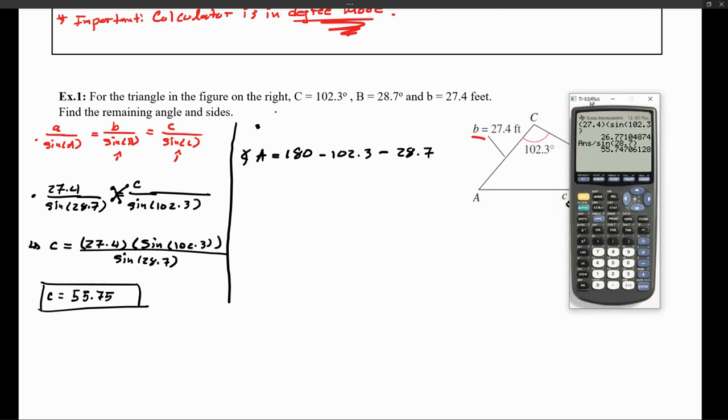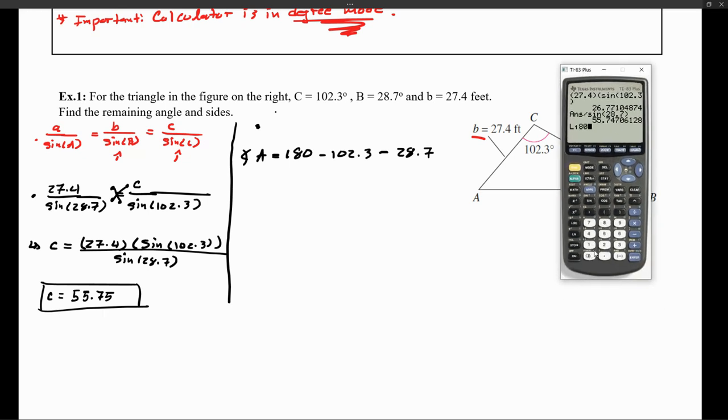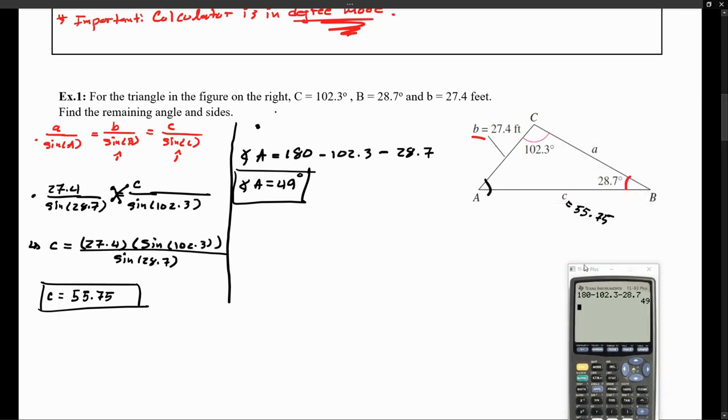So let's find that out. 180 minus 102.3 minus 28.7 is equivalent to just 49 degrees. So now I know the measurement of angle A. Angle A is equivalent to 49 degrees.